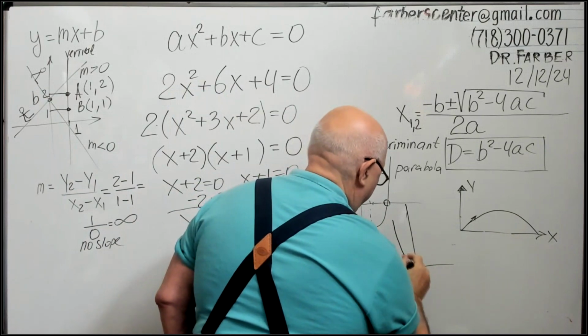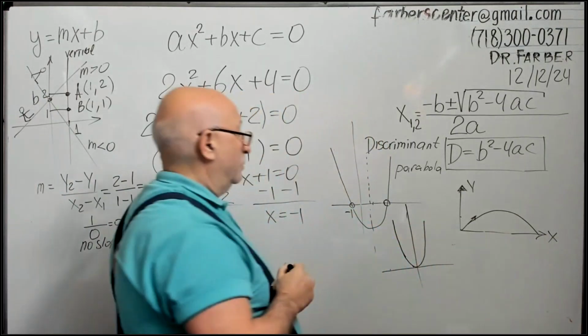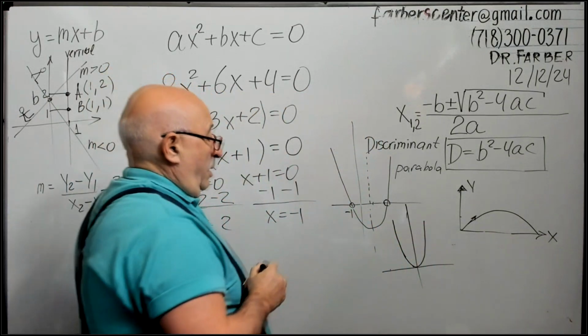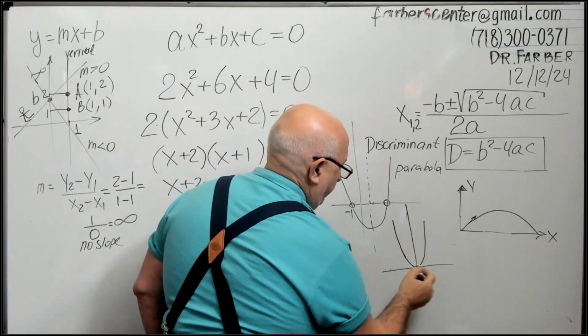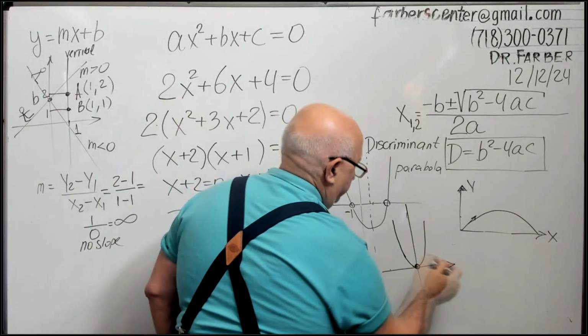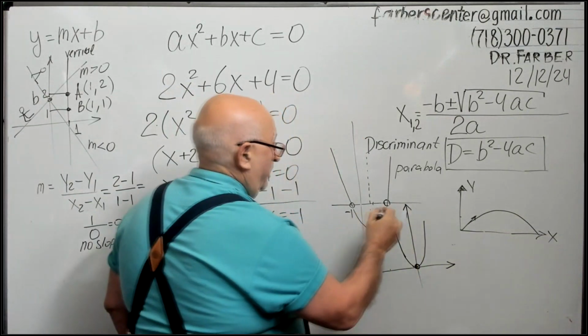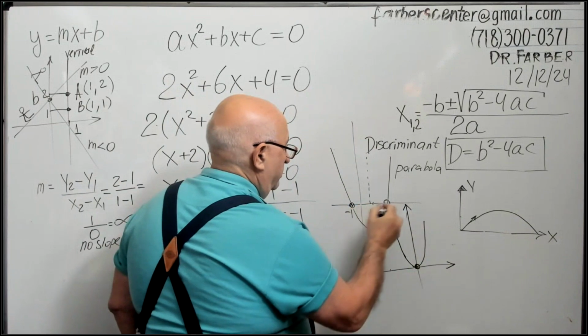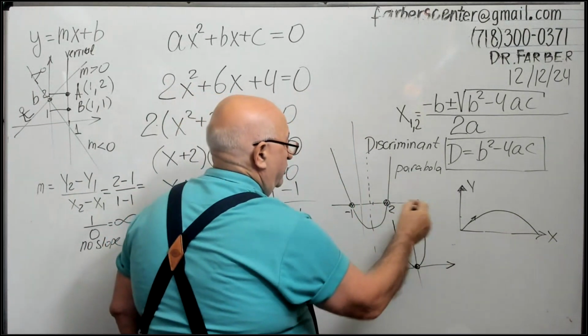Try to do it nicely. In this case, it has one common point with the x-axis. And here we have two roots. You see two roots? It means the parabola intersects the x-axis in two points.